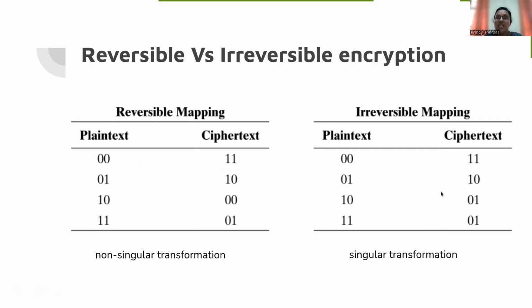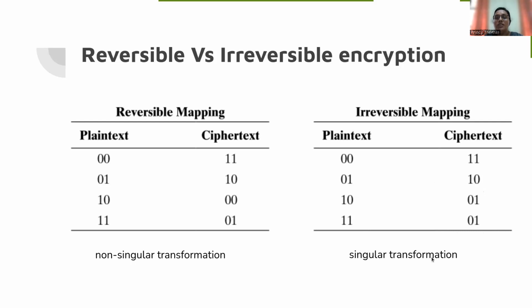But in the irreversible mapping, you can see for the 1, 0 and 1, 1, the ciphertext is 0, 1 for both. So now when you see the ciphertext 0, 1, you're not sure whether you should replace it with 1, 0 or with 1, 1. Okay, so this we can convert from plain text to ciphertext, but converting from ciphertext to plain text is not easy.